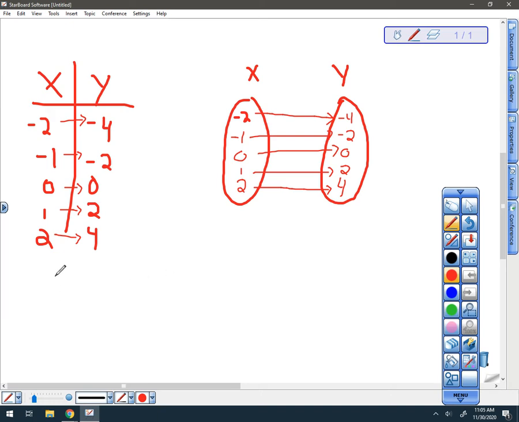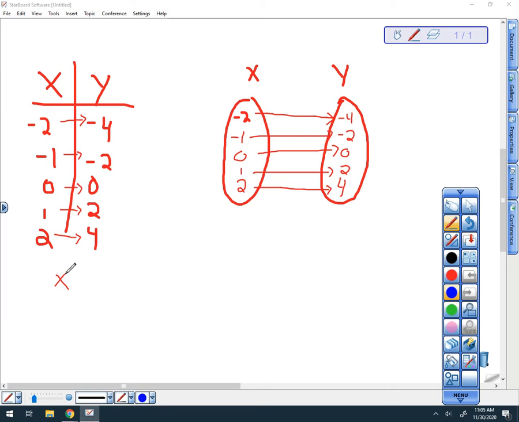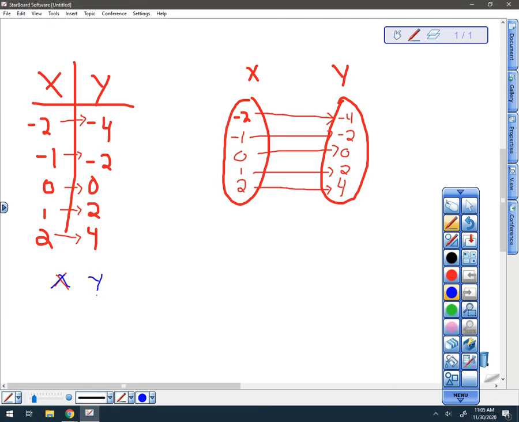All right, we can look at another one. Let's say you have x, y, and you have x values 1, 2, 3, and for the y side, you've got 4, 5, 5.